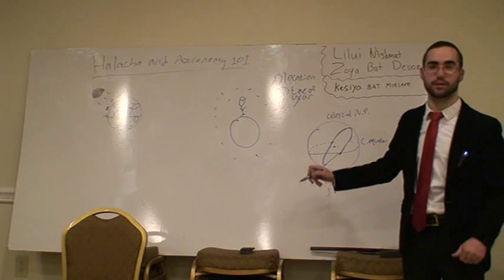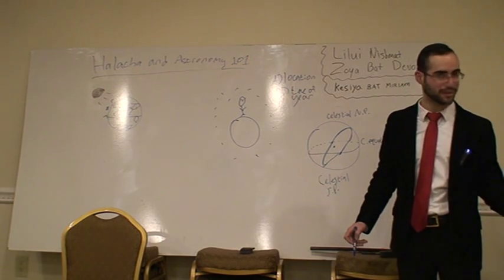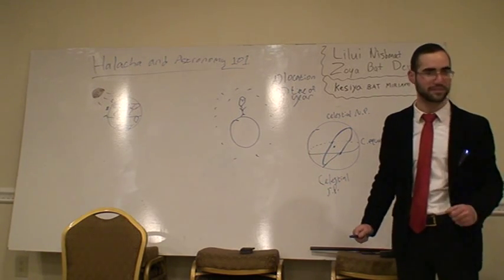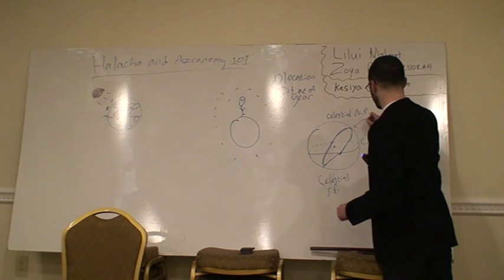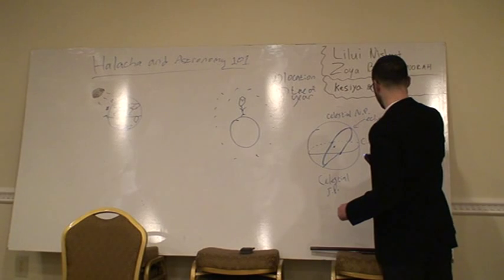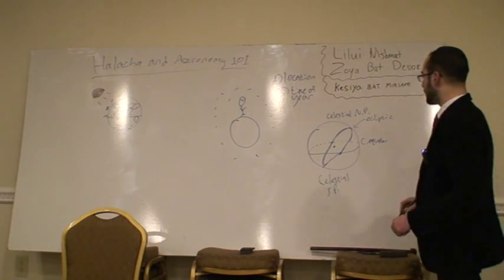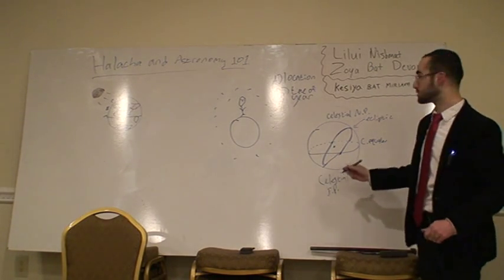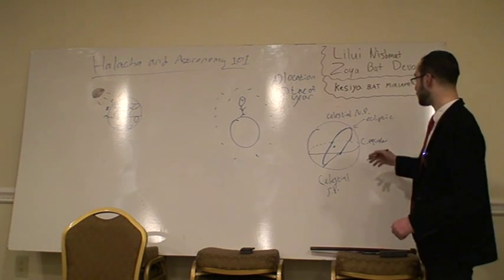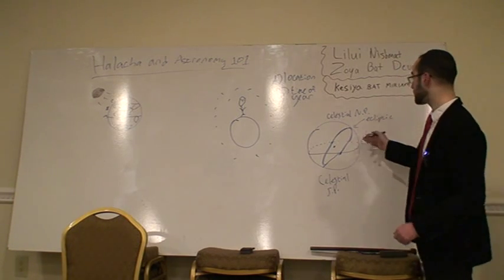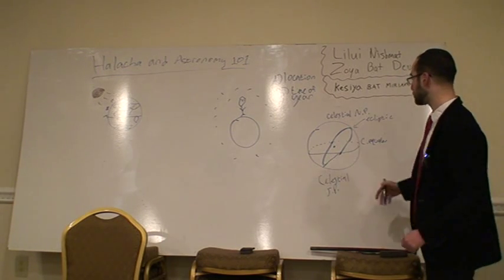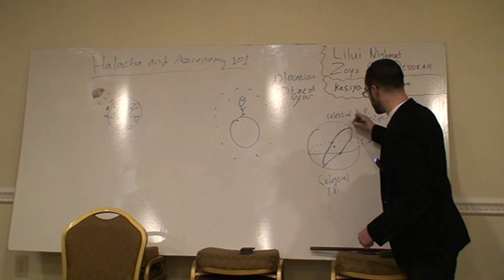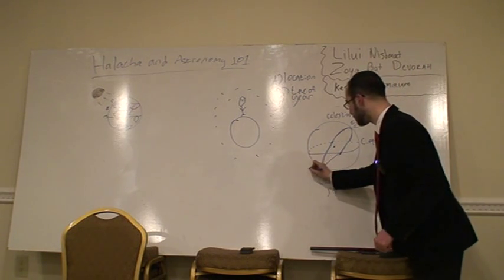We call this path, what do we call it? Celestial path. The ecliptic. And just as we have a celestial South Pole and a celestial North Pole, similarly we have an ecliptic North Pole and ecliptic South Pole at the points in which they merge. So this would be the ecliptic North Pole.